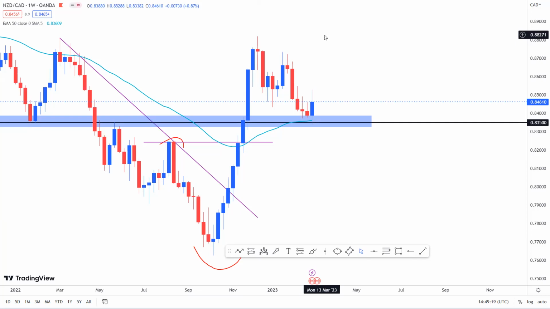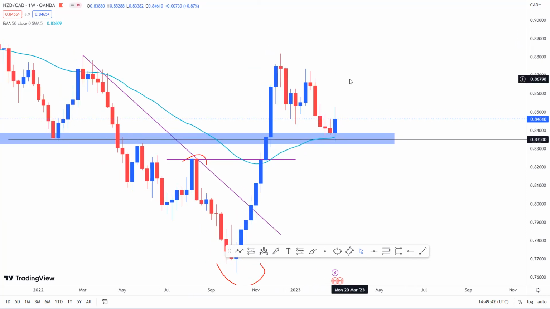So if you go back and compare these two charts very well, GBP CAD, the previous breakdown we did and the trade we took last week, and then this setup, you can see they are both very, very similar. And we're picking up clues from the movement that GBP CAD has already made last week. That is it for the weekly time frame. Moving down to the daily time frame.